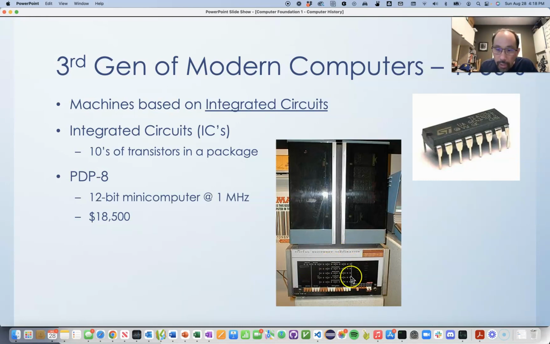And so down below here is a mini computer based upon integrated circuits. It was a 12-bit mini computer running at 1 megahertz, and it was now kind of affordable for businesses. $20,000, not too bad. But you couldn't have this in your home. It's still way too expensive for that.